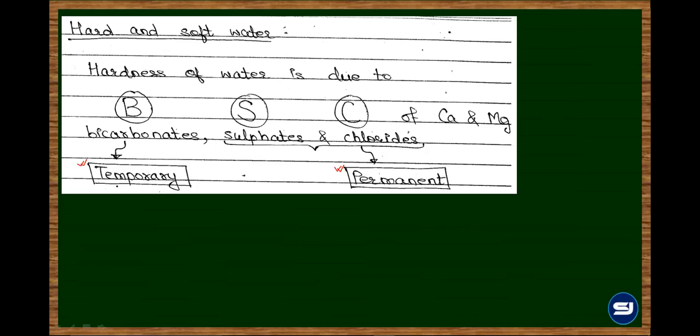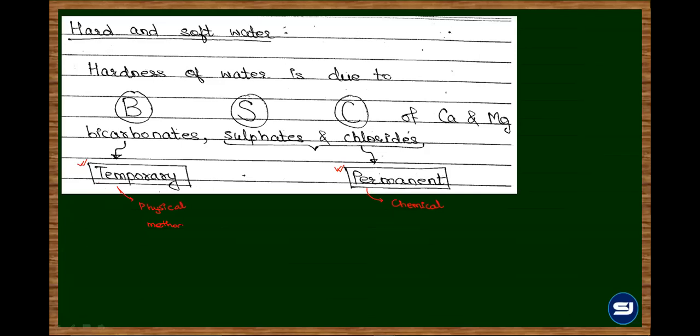So temporary hardness को निकालने के लिए you can use some physical methods. But if the hardness is permanent, you have to use a chemical method to remove it, to convert it to soft water. Clear?